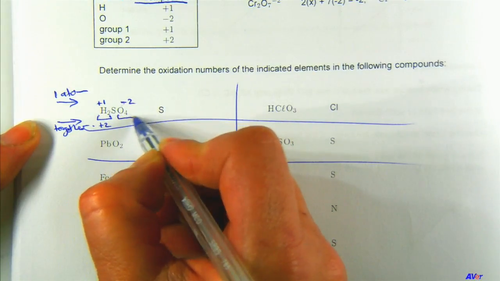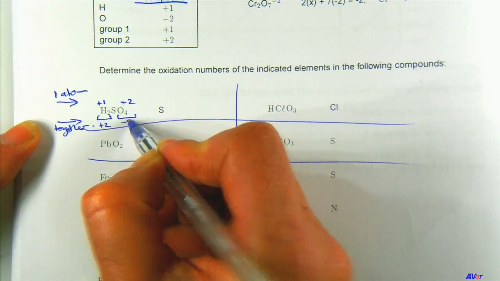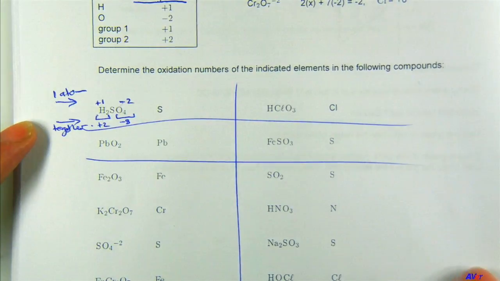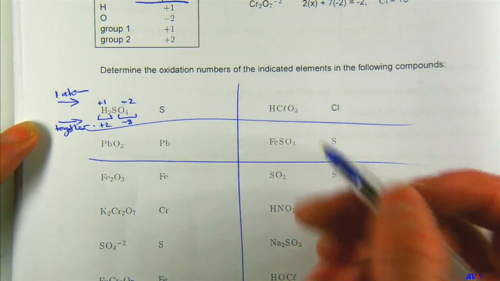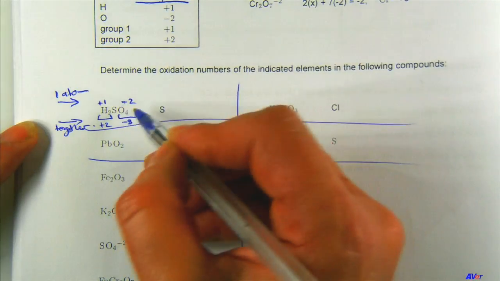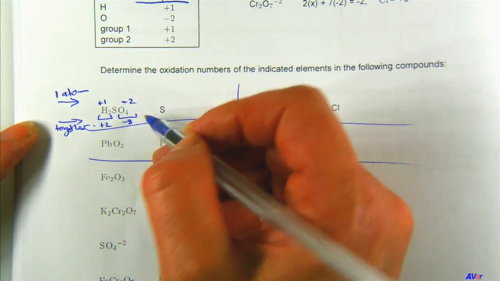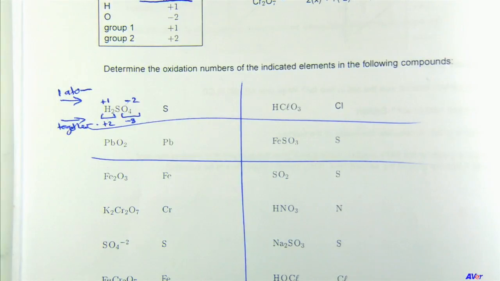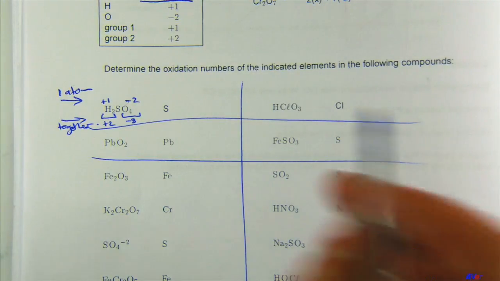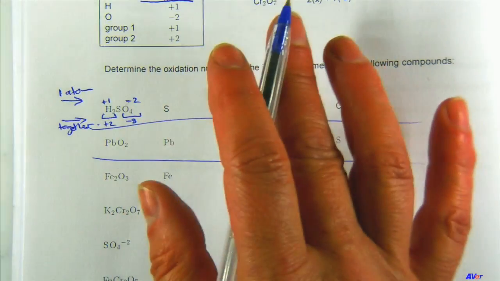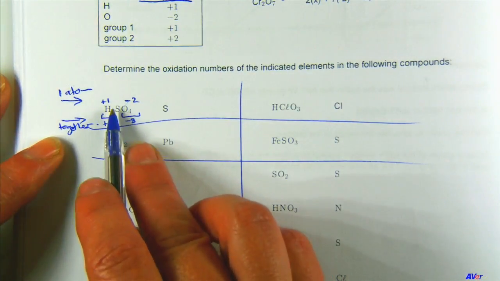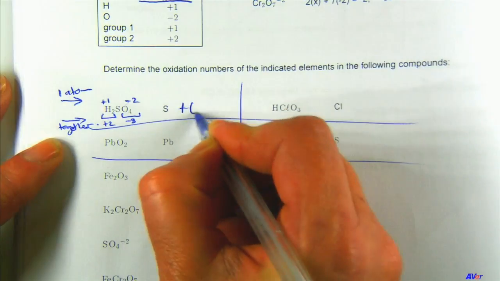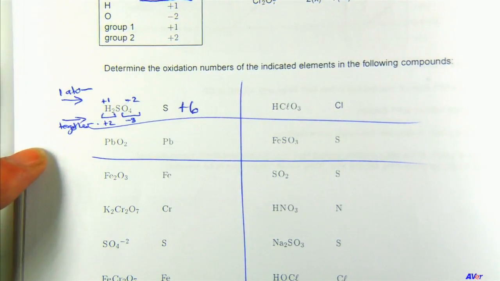So altogether 4 of them will give you -8. So where are we? We've got -6 down here. Does it have a small number there in the corner? No, it's H2SO4, nothing. So it doesn't have a charge. Altogether the charges must add to be 0. So I've already got -6. So the sulfur has got to be +6, to make it come to 0.